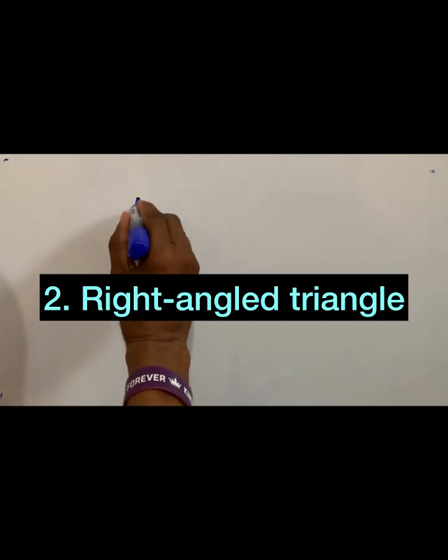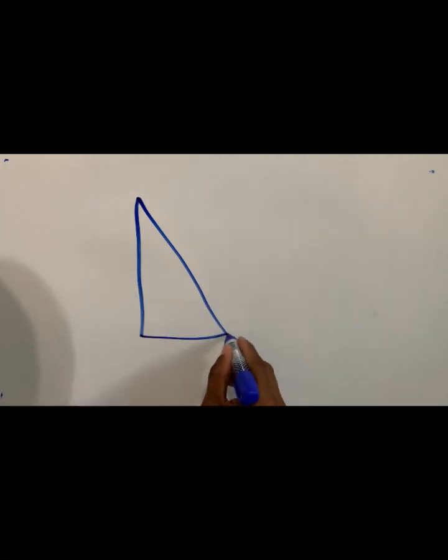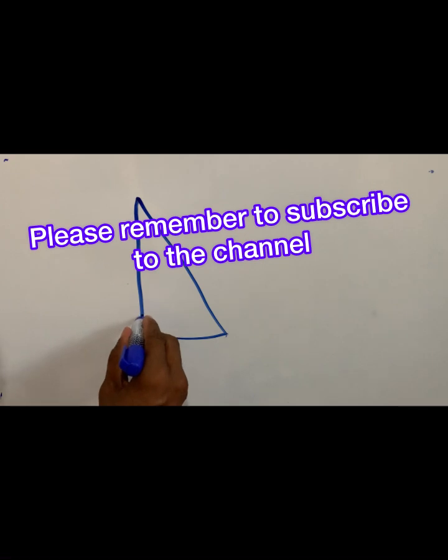Okay, now a right angle triangle is a triangle where one of the angles is equal to 90 degrees. Okay? So a right angle triangle is a triangle where one of its angles is equal to 90 degrees, and we represent this 90 by this sign right there.